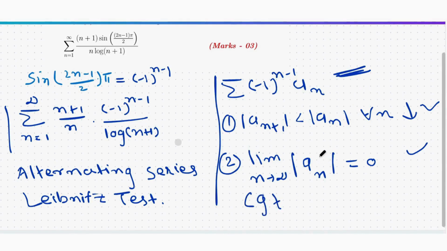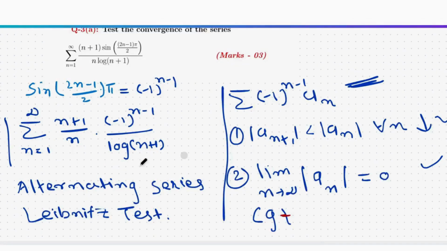So now let's check the convergence of this series using Leibniz test. Okay? So here we will check the first and second conditions.